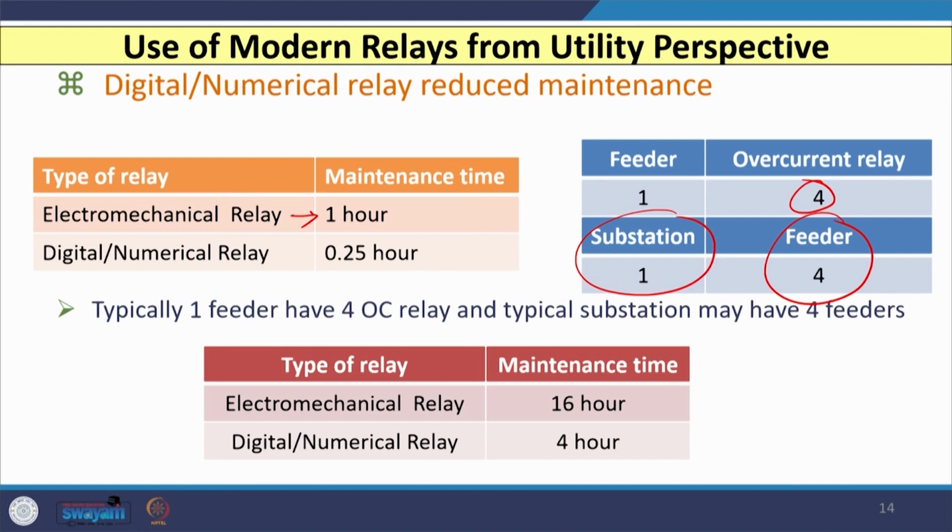Compared to that, if I have digital or numerical relays or IEDs, it requires only 0.25 hour per relay, and hence a total of only 4 hours. So this relay also helps in maintenance, and the maintenance time can be reduced compared to electromechanical relays.